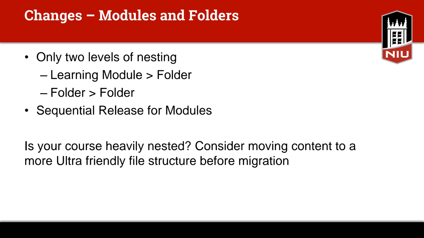And that's sort of how you build your course out over time. But unfortunately, a real deep nesting structure is not good for navigation on a mobile device. So what Blackboard has done with Ultra is they've limited you to only two levels of nesting. You can have a learning module with a folder inside, and in the folder you can put as many items as you want, or you can have a folder with another folder inside, but you can't go any lower than that.